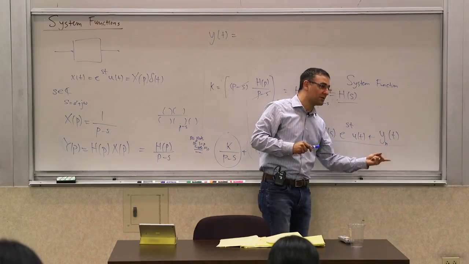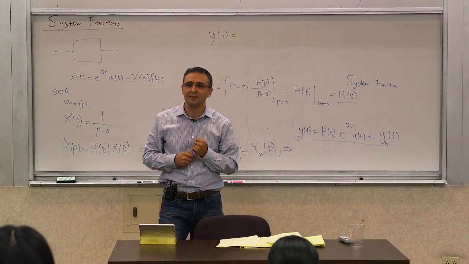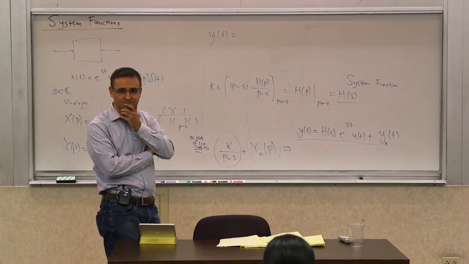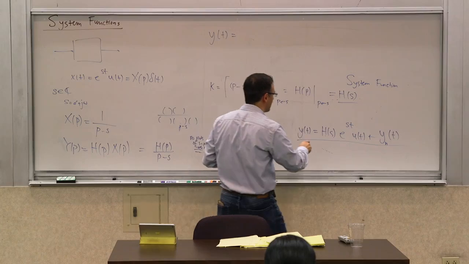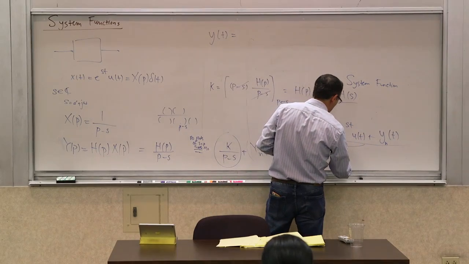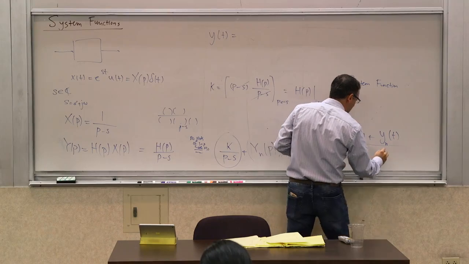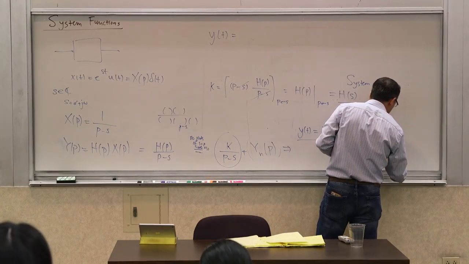Now, can you guess why I use the subscript n here? What does that n stand for? Natural. And what is this? Forced. So this is the forced response, and this is the natural response of the system.